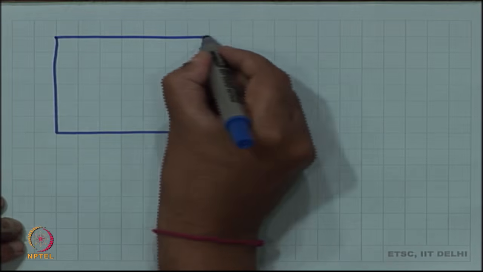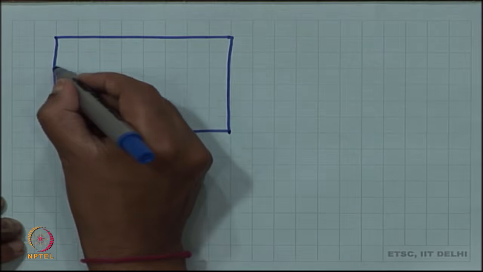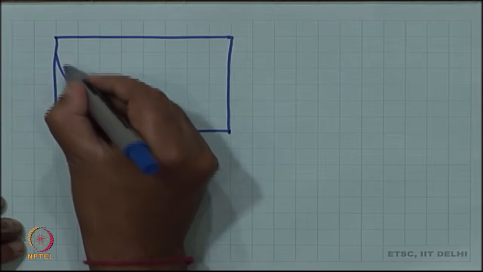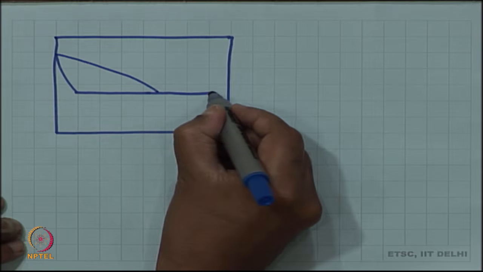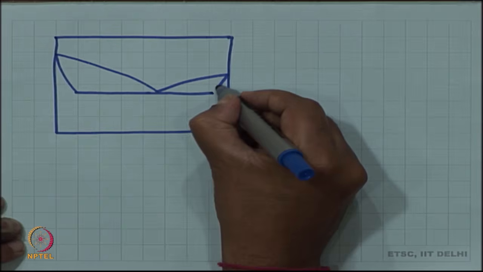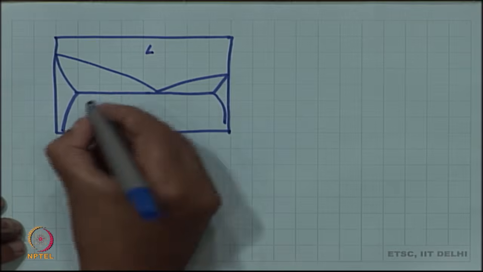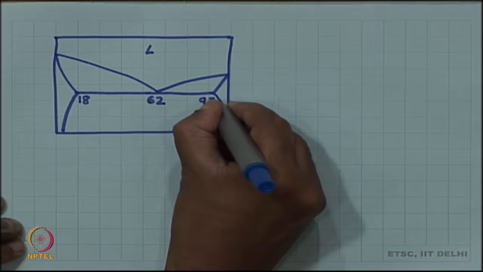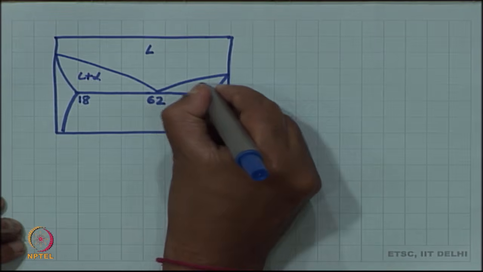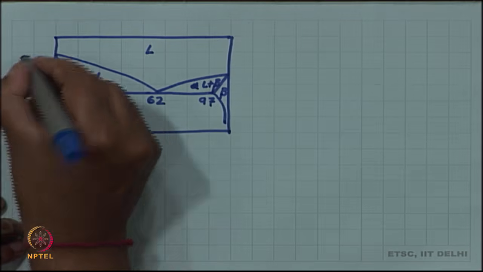Let me draw the diagram. So, this is 18, 62, 97, alpha, liquid plus beta, and this is alpha.